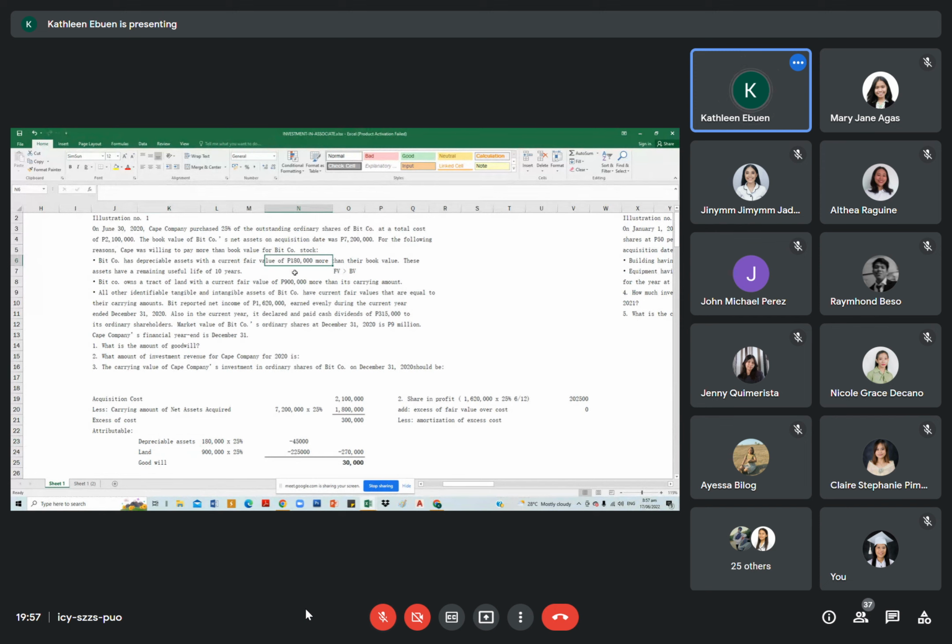So, ibabawas natin class unang-una yung depreciable assets, no, na 180,000. Kasi class, kulang yung na-record natin na depreciation expense. Okay? Kulang yung na-record natin ng depreciation expense. So, we will compute 180,000. Ito yung kulang na amount sa depreciable assets. Divide natin to 10 years.